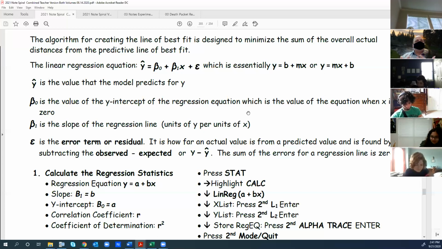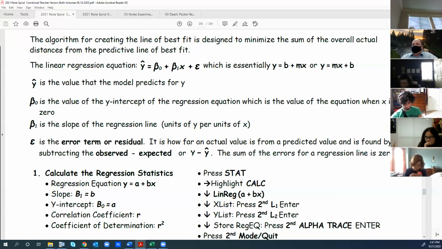It's what we expected to happen. It's what our model showed us we thought would happen. So y is what really happened. Y hat is what we predicted from our model to happen. And it's really, really important that you don't mess those up, because AP will ding you a point for that. All right? So y is reality, y hat is what we predicted to happen. Okay?